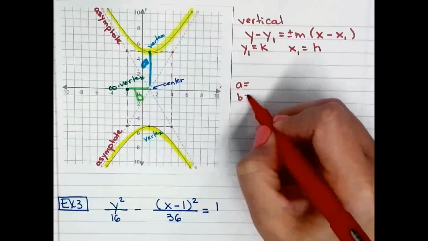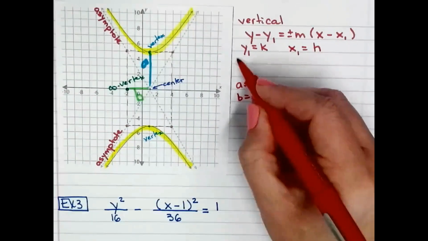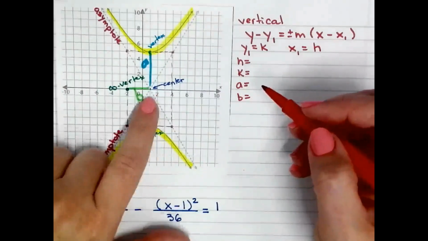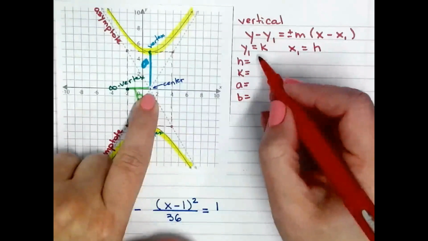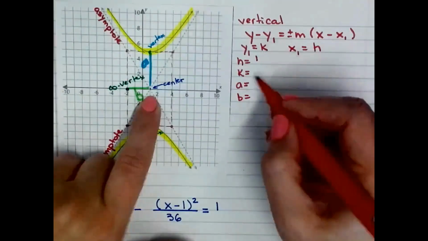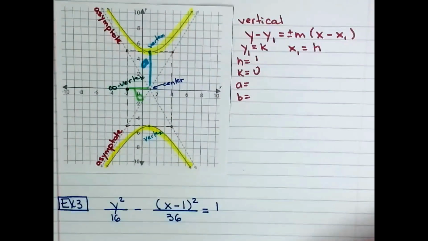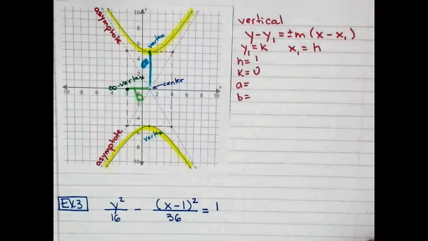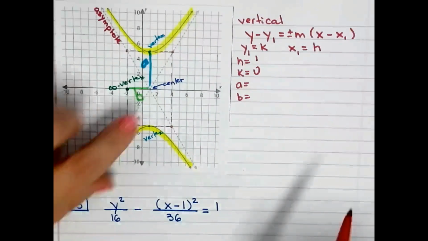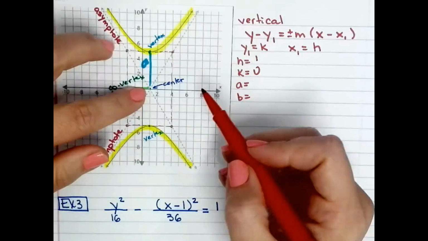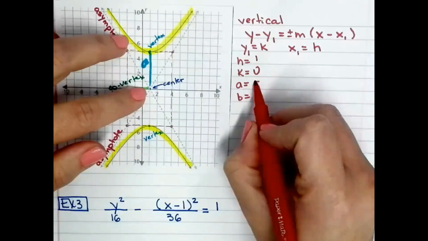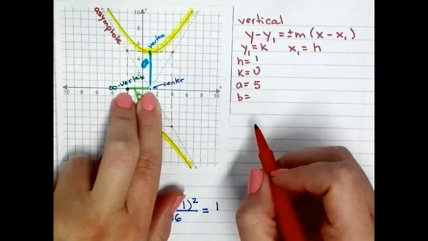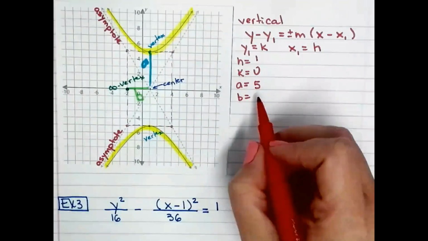A, B, and h, k right here. h is right there, 1, k is right there, 0, A is the distance from the center to the vertex, so 5. B is the distance from the center to the covertex, so right there 3.